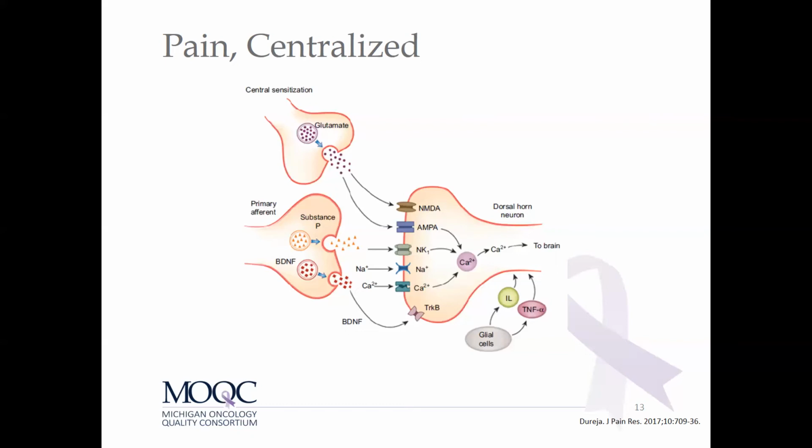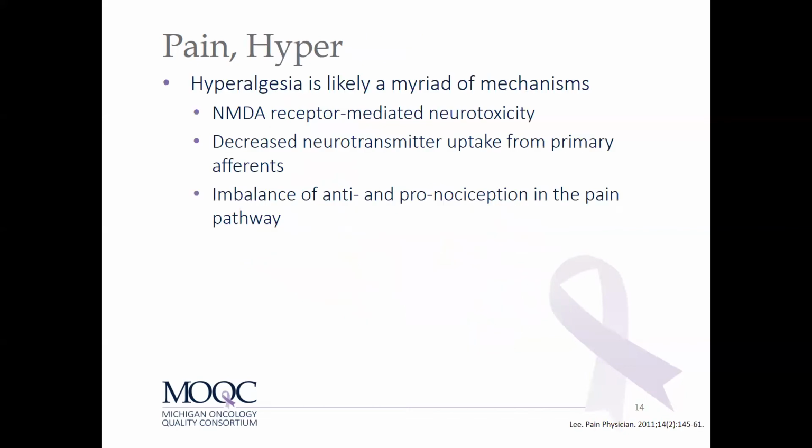But similar things are thought to happen for patients that have a central hypersensitivity, like fibromyalgia. There's some reason that their central nervous system is having that dysregulation. It probably mirrors the things that are occurring here. Pain hyperalgesia is likely a myriad of mechanisms, but we're starting to repeat ourselves.